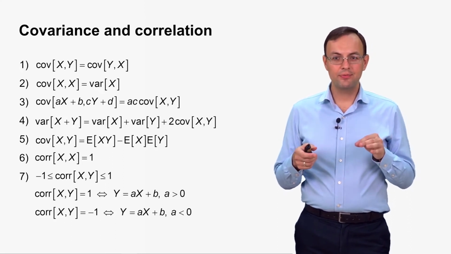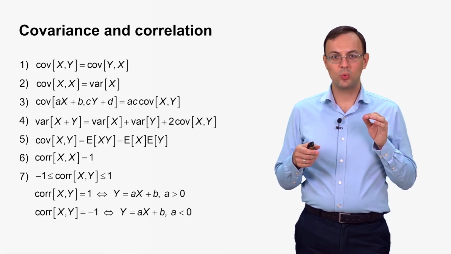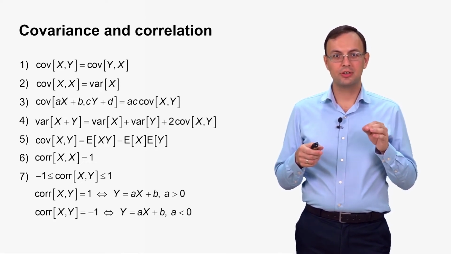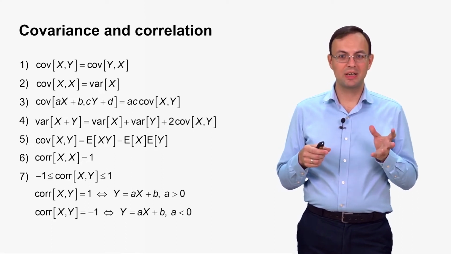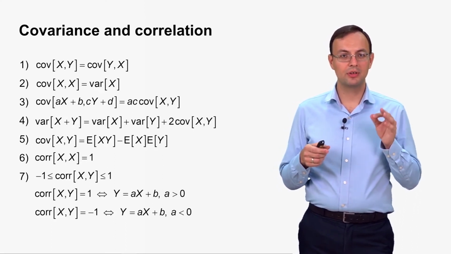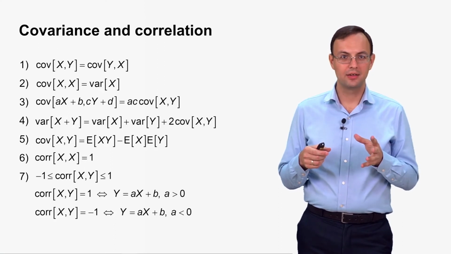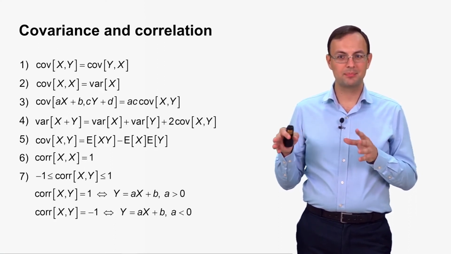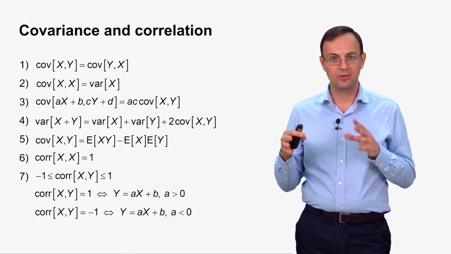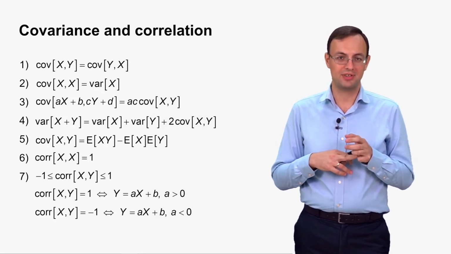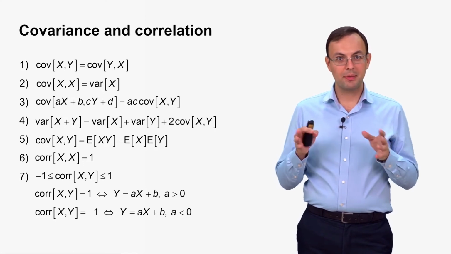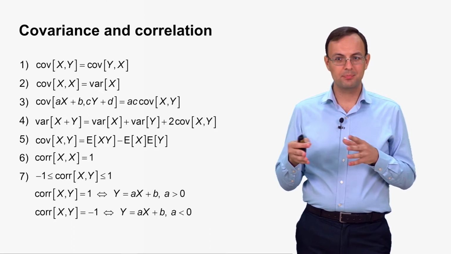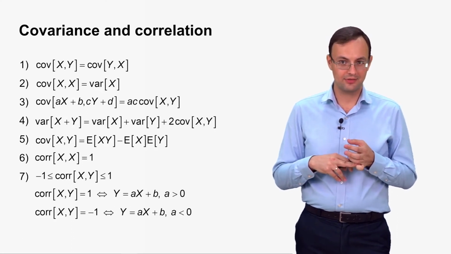And if it is equal to 1, this means that there is a functional linear dependence between x and y. So if correlation of x and y is equal to 1, this means that y is equal to ax plus b, where a and b are non-random coefficients, and a is positive. If correlation is -1, this means that y is equal to ax plus b and a is negative.